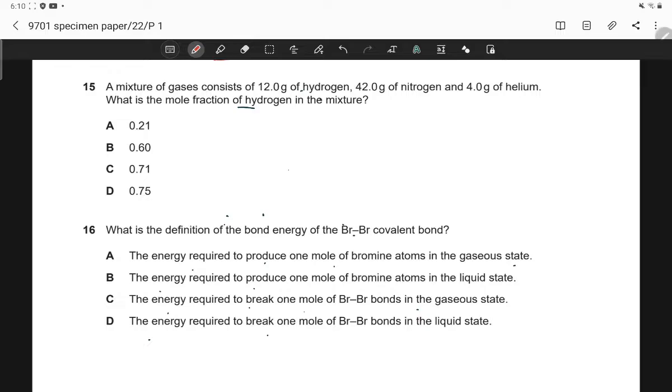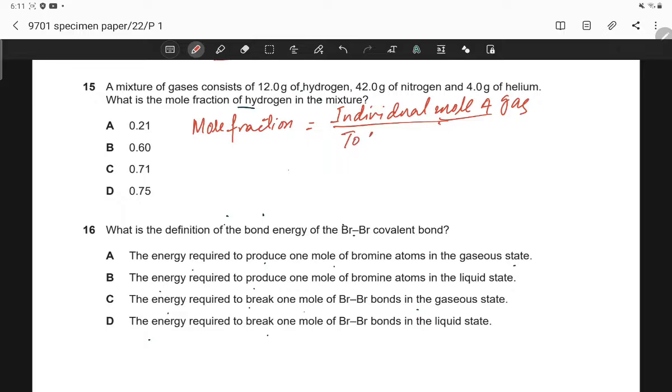So the next question is: a mixture of gases consists of 12 gram hydrogen, 42 gram of nitrogen and 4 gram of helium. What is the mole fraction of hydrogen in the mixture? The mole fraction is equal to the individual mole of gas divided by total mole.